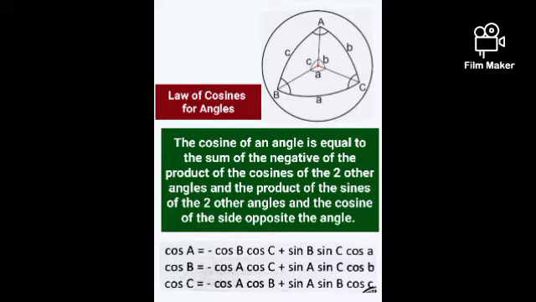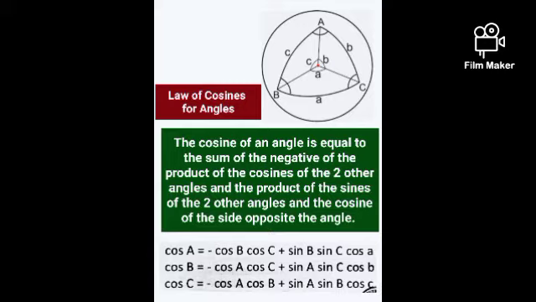Using the law of cosines for angles, we can write three equations because there are three angles in an oblique spherical triangle. We start with angle A. If you are considering angle A, the two other angles will be angle capital B and angle capital C, and the side opposite angle capital A is side small a.